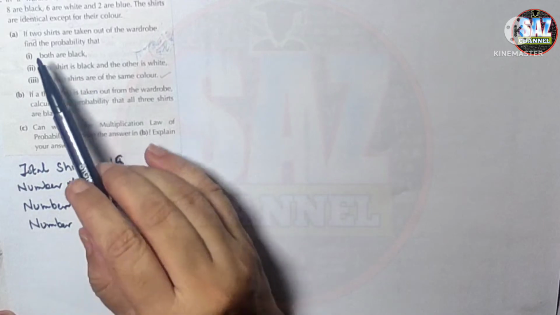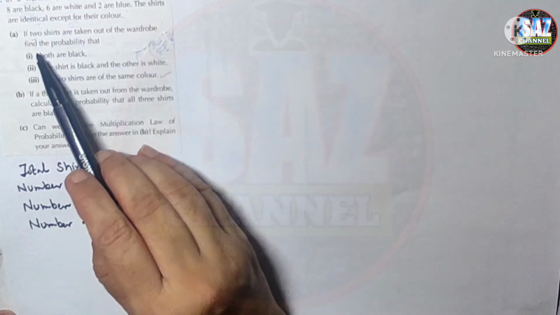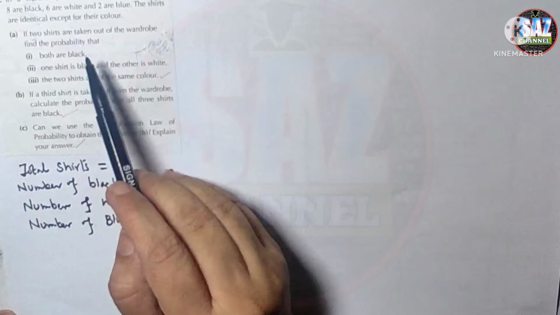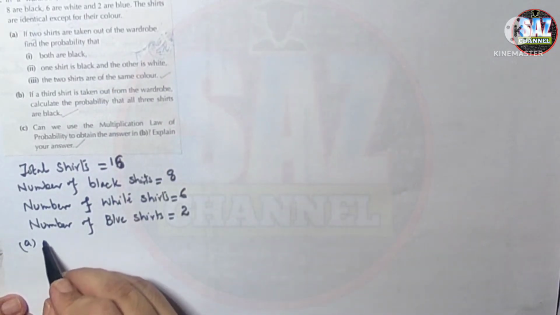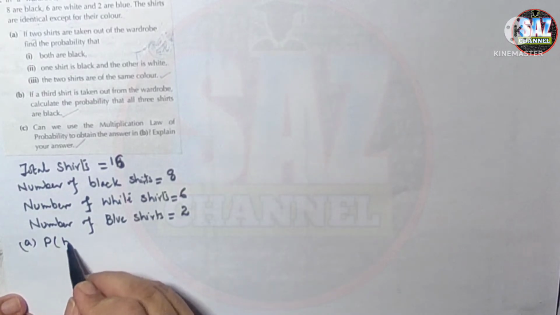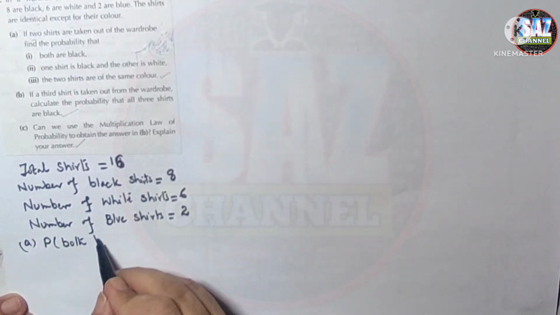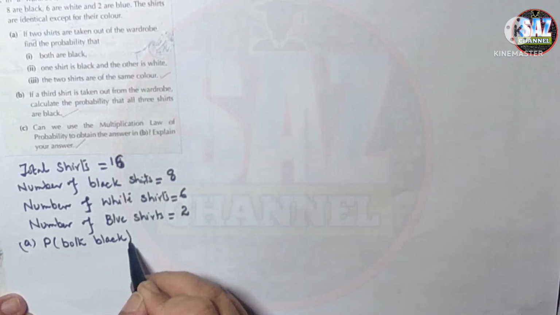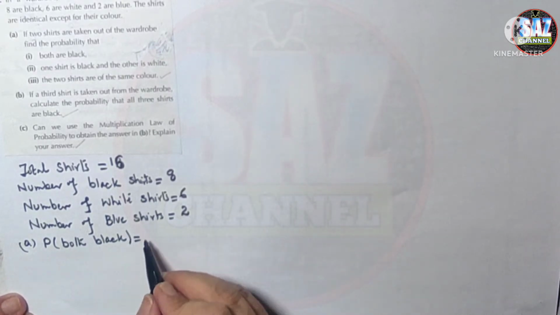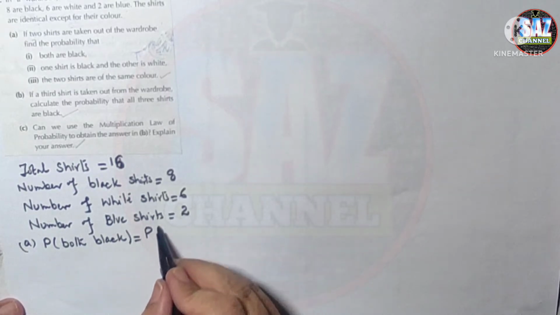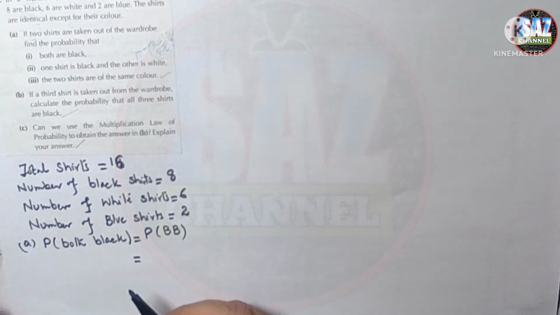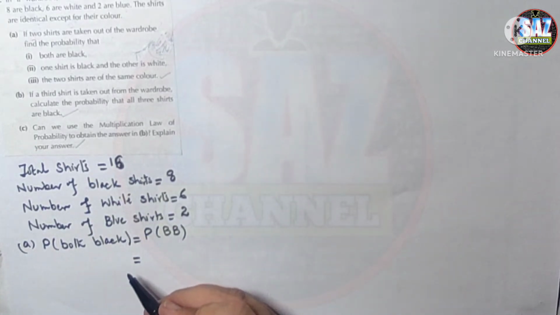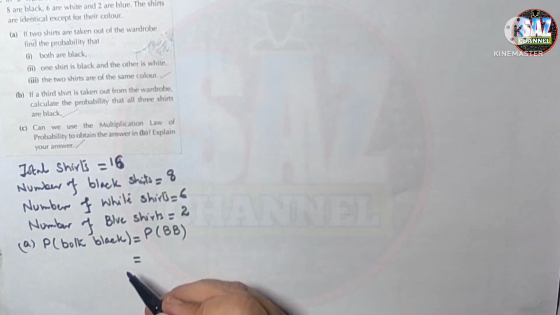Now the first part says, if 2 shirts are taken out from the wardrobe, find the probability that both are black. So the probability of both black: we have to select 2 shirts. Try to understand that the shirts we are selecting are from the same wardrobe, the same box.